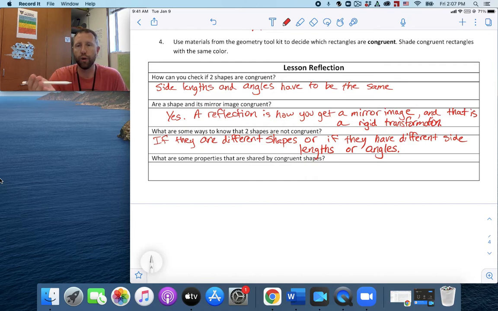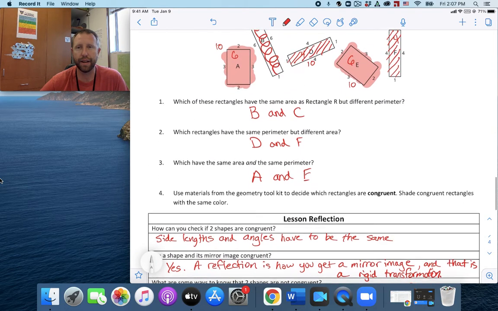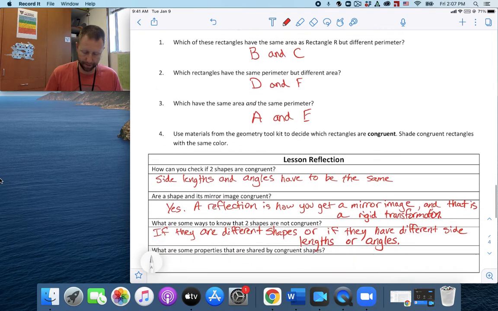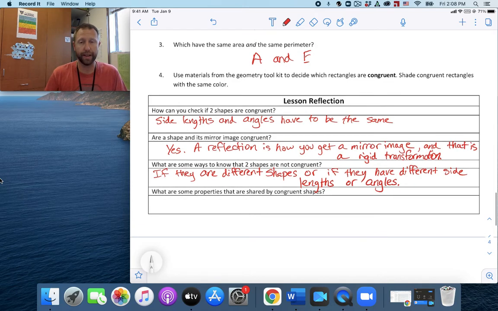But then going further, you guys found out from this activity, another way of saying that is to say that the area and perimeter are the same also. It's not enough to have just the same area or just the same perimeter. If they have the same number of sides, the angle measurements are the same, and their area and perimeter are the same, then you know it's congruent. So that's what I'm going to put here.